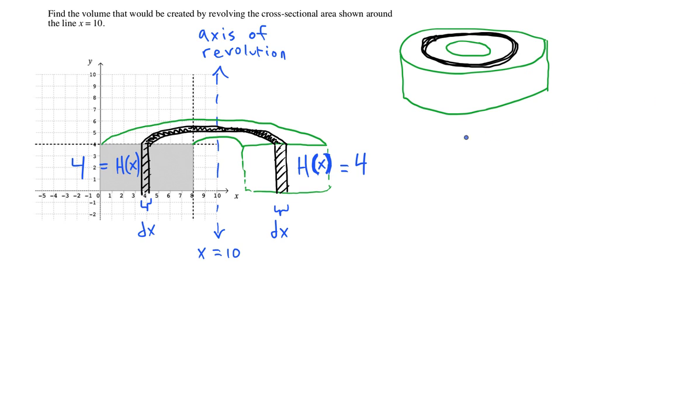At this point, we need an expression for the volume of that shell. I showed in a previous video that we could get the volume by multiplying circumference times the height times dx.